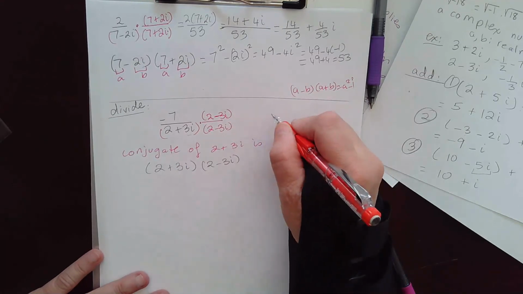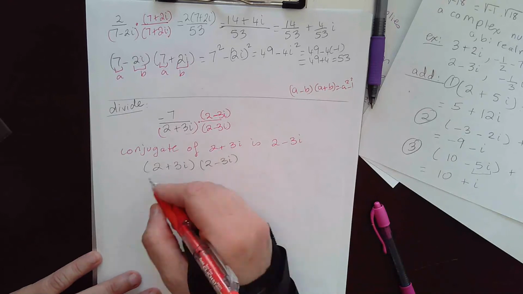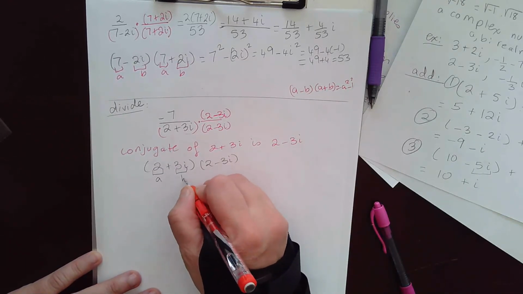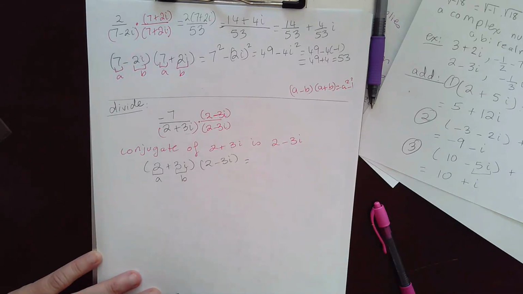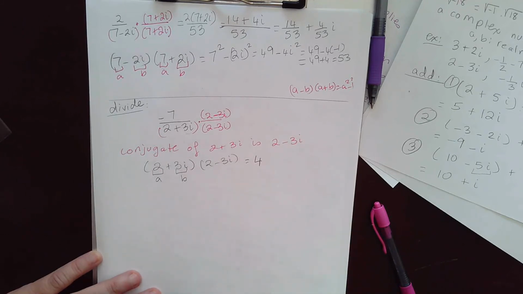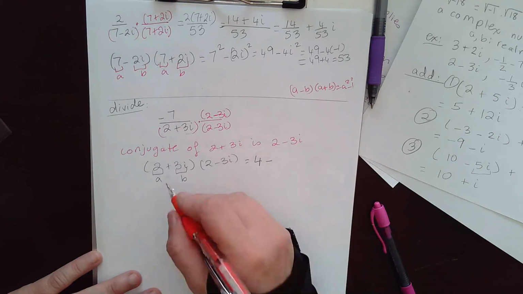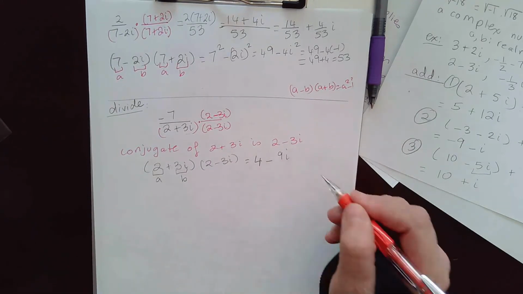Again, this is a minus b times a plus b, or a plus b times a minus b. So that's a squared, that's 2 squared. You may want to write it as 2 squared, or you may want to directly write it as 4, minus b squared. b squared is 9i squared. See how simple it is?